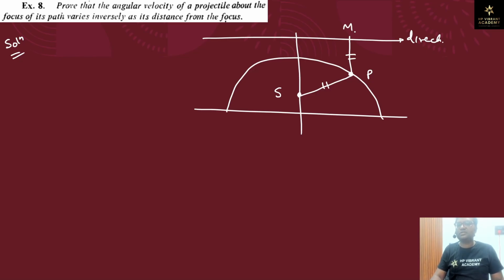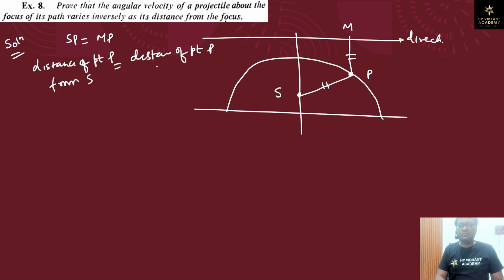So let us take this as M. So we have SP is equal to MP, that is, the distance of point P from S is equal to the distance of point P from the directrix.